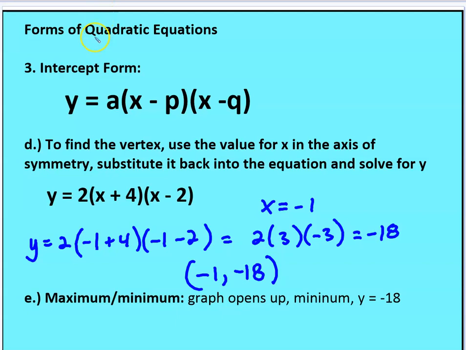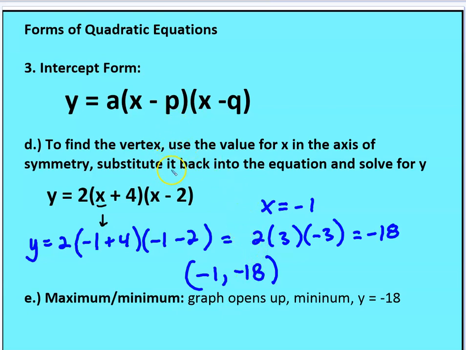So x is equal to negative 1. I'm going to substitute that back into the function and solve for y. y ends up being negative 18. So now I have x is equal to negative 1, y is equal to negative 18. That's going to be my vertex.